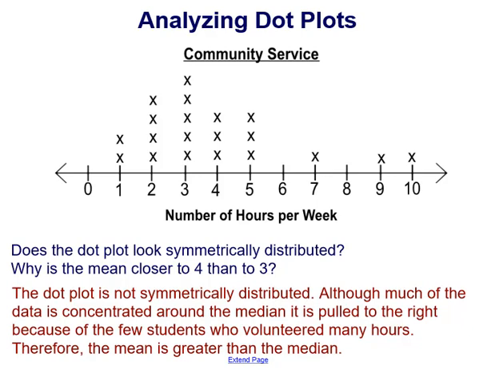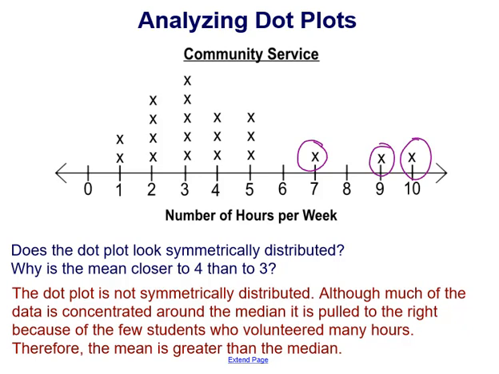Although much of the data is concentrated around the median, it is pulled to the right because of the few students who volunteered many hours. We have those with 7, 9, and 10, where most of the other students are volunteering between 1 and 5. Therefore, the mean is going to be greater than the median. The median is concentrated in that data, where the 7, 9, and 10 are pulling the mean closer to 4, that 3.9. It's a little bit higher than it should be.